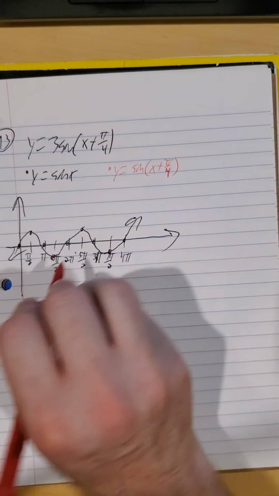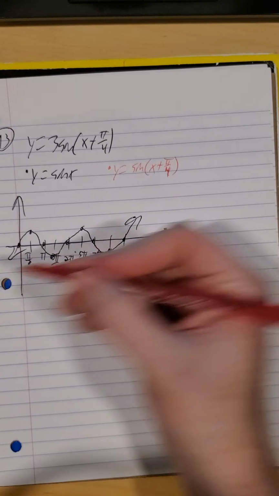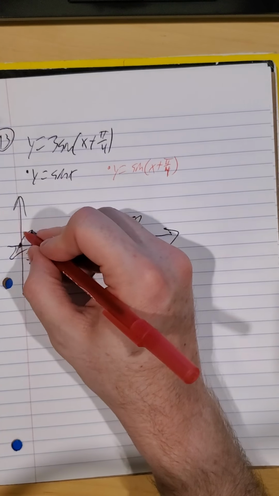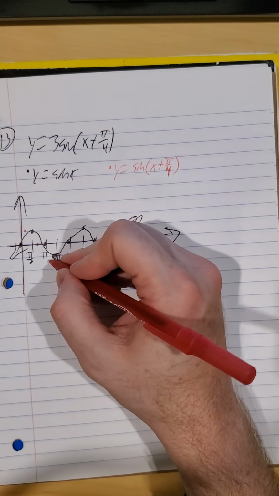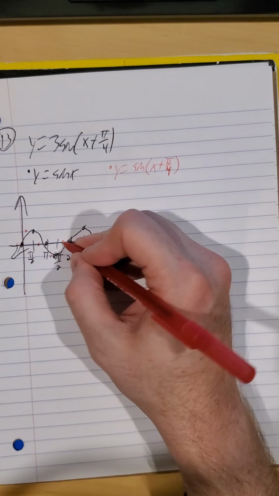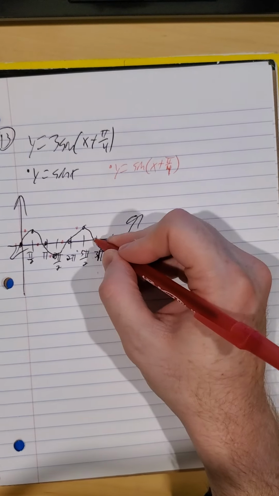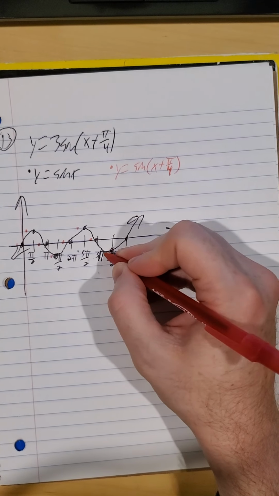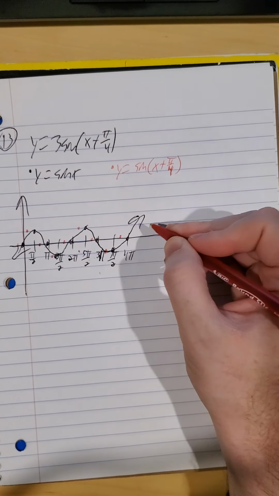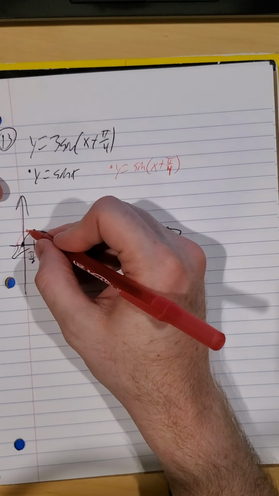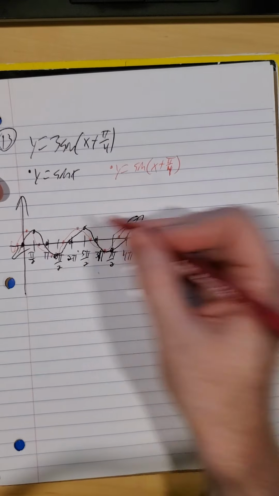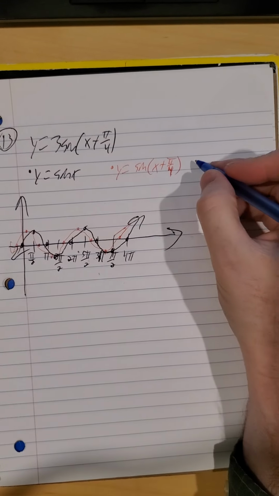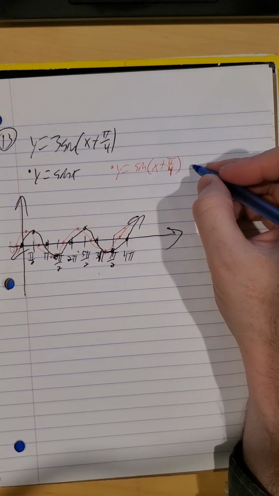So instead of moving positive pi over 4, it's going to move everybody left pi over 4. So we just picked up the black graph, slid it to the left, pi over 4.